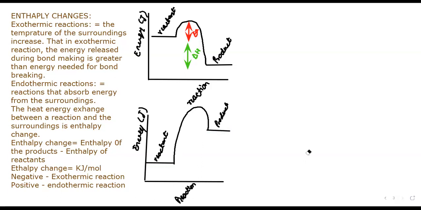And in an endothermic reaction, our labeling again is quite simple. Our activation energy is always going to be from the reactant to the top of the curve, right? So this is my activation energy.